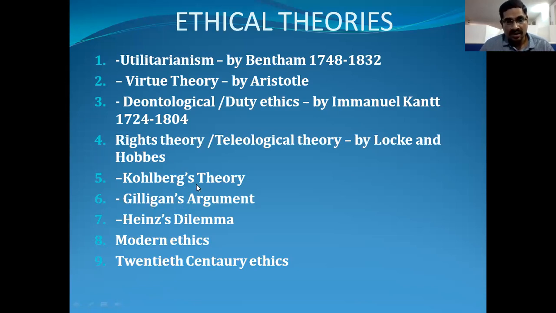These three are based on three perceptions: pre-conventional, conventional, and post-conventional stages. In future classes we will discuss these. Then modern ethics, 20th century ethics, and present-day ethical theories. Today we need to discuss utilitarianism theory and virtues theory.